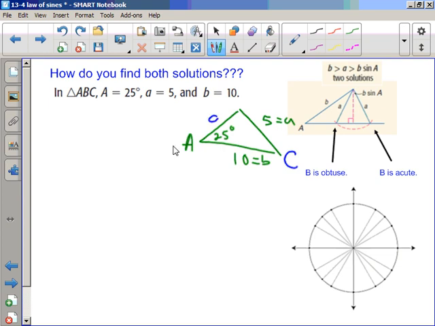So what do we do? Sine of B over 10 will give us sine of 25 over 5. Okay?